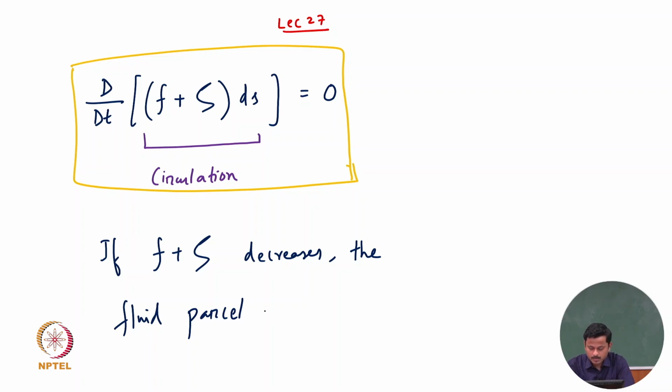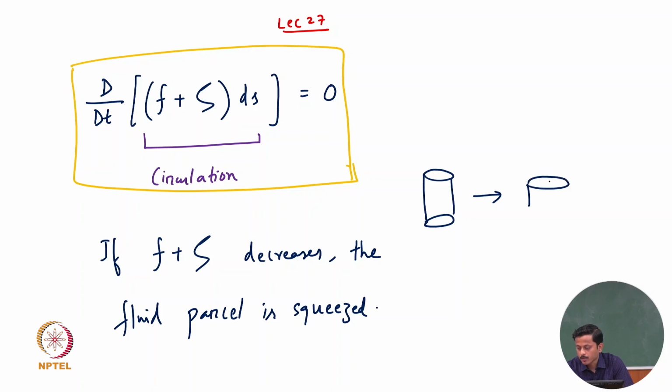So if the fluid parcel is squeezed, that means if we have a parcel which has an area dS, then, or this is an equivalent statement, if the parcel is squeezed, the f plus zeta term must decrease.